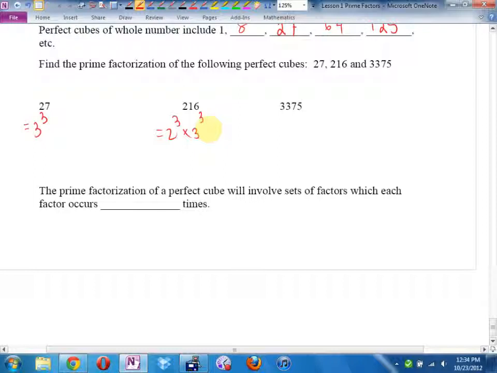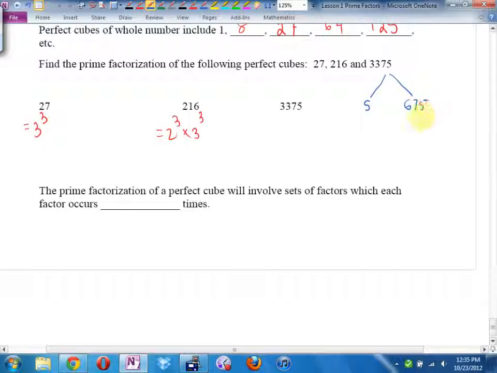I think we're going to have to factor tree for 3,375, though. What goes into 3,375 evenly? 5 times what? 675?